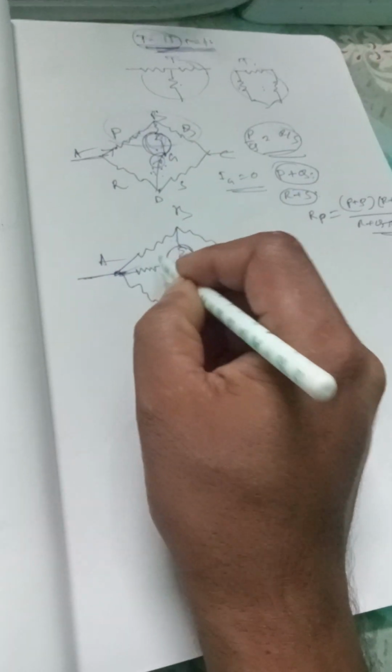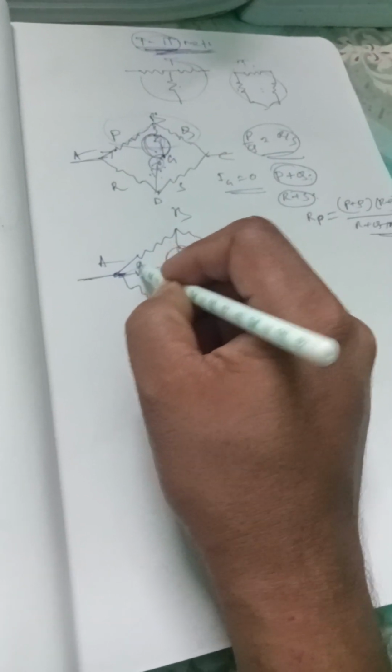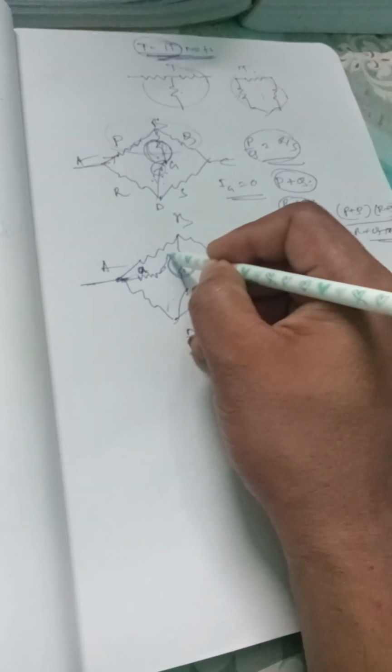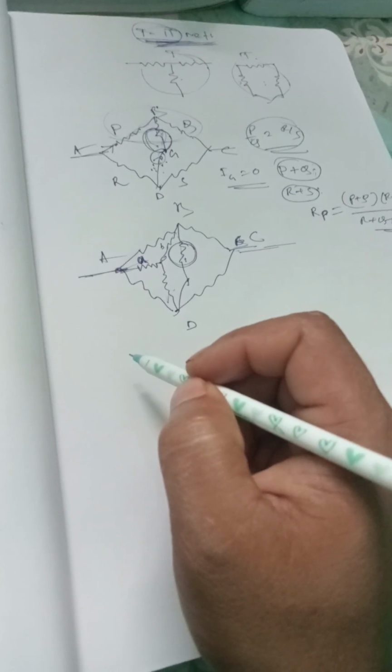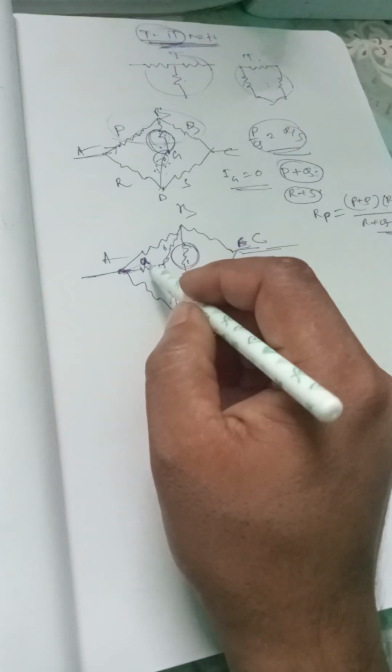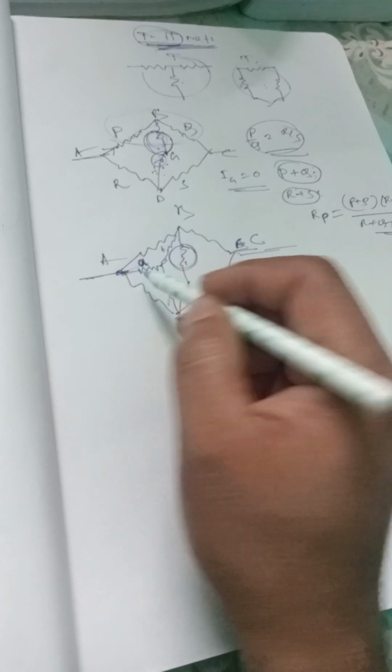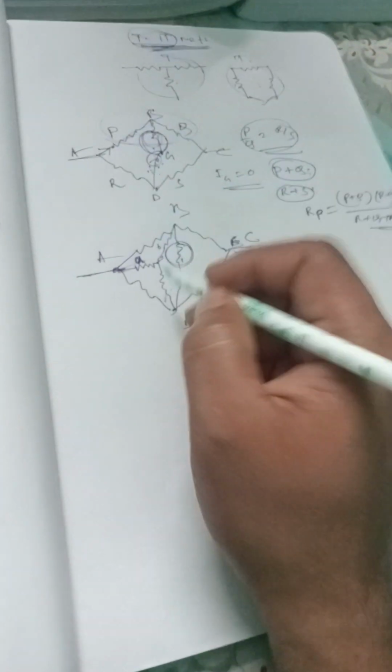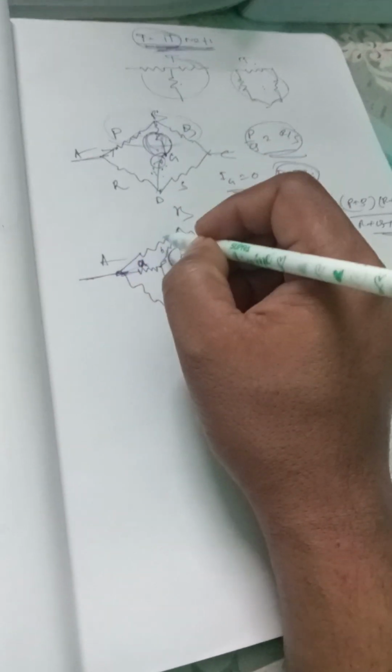So how will you apply it? These are small a, small b, small c. How can you determine the resistances?